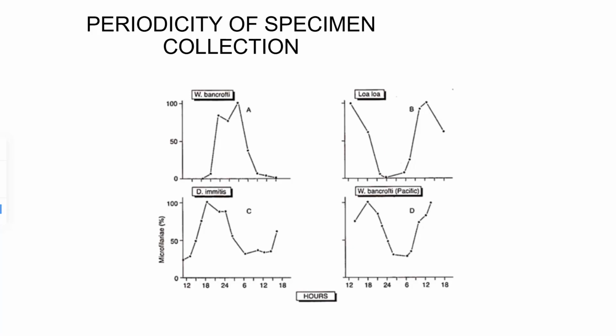So here you can see different microfilaria and when you would most commonly see them in the blood based on their time of infection, and you can see it changes, so it's really difficult to predict when the organism is going to be present.